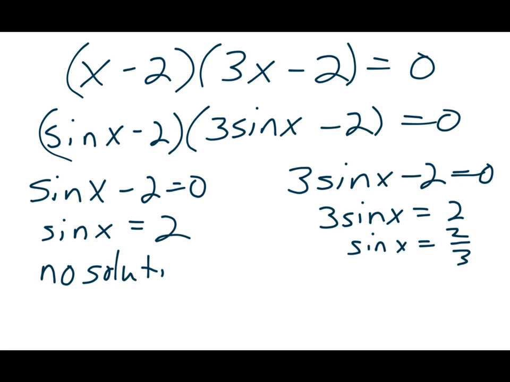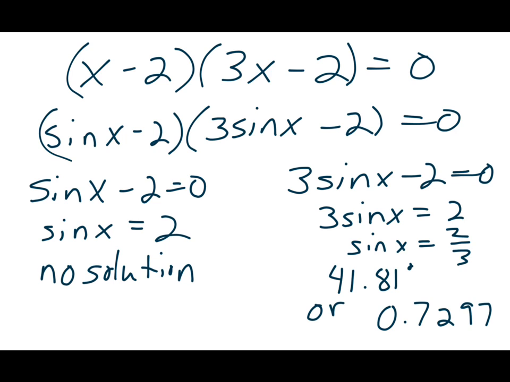So we just throw that one out. Okay, if you do it for the other, depending on if your calculator is in radian mode or degree mode, you get 41.81 degrees, or we most of the time leave it in radian mode, and that will give us 0.7297. Okay? So there's our answers there.